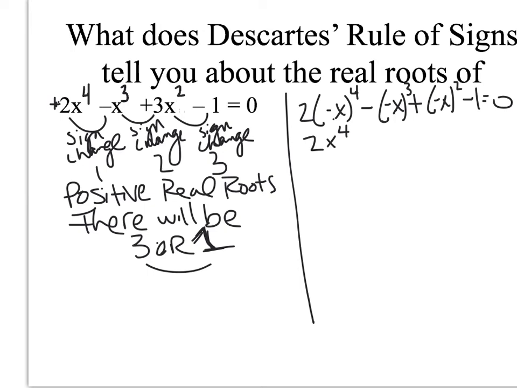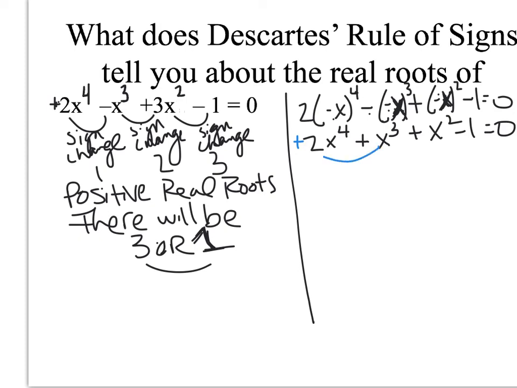But the negative x to the 3rd will be negative once it's evaluated, because negative times negative times negative will still have a negative product. So this negative and that negative makes this into a plus sign. And then negative x squared, negative x times negative x is still going to be a positive x squared, minus 1.